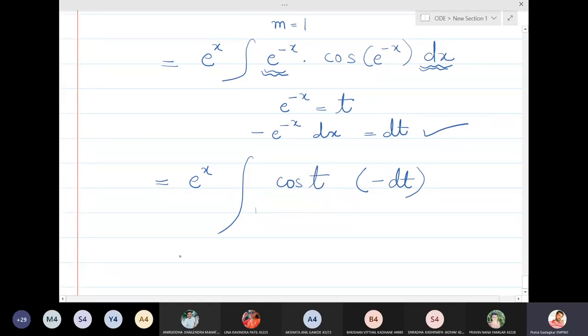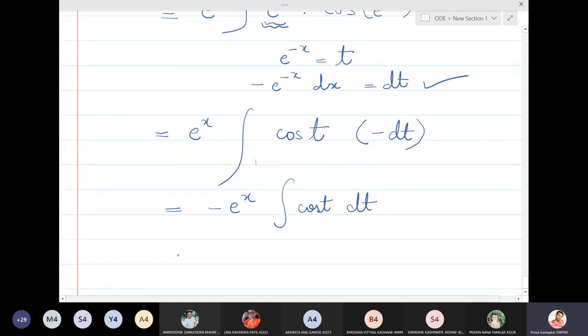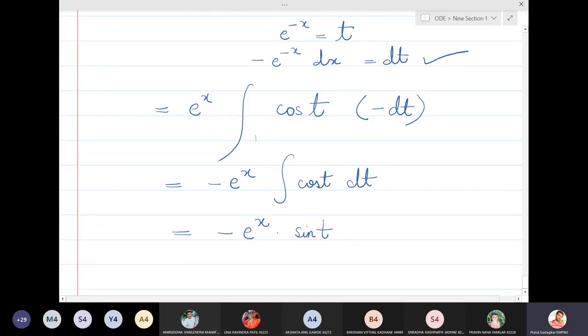So this will become minus e raised to x integral of cos t dt, which is sin t, which is minus e raised to x sin t. But what is t? T is e raised to minus x. So it is minus e raised to x sine e raised to minus x.